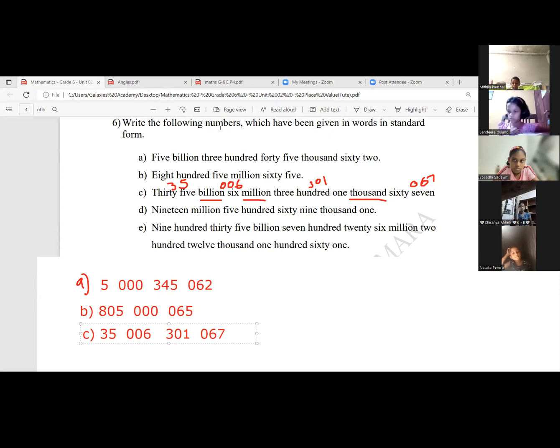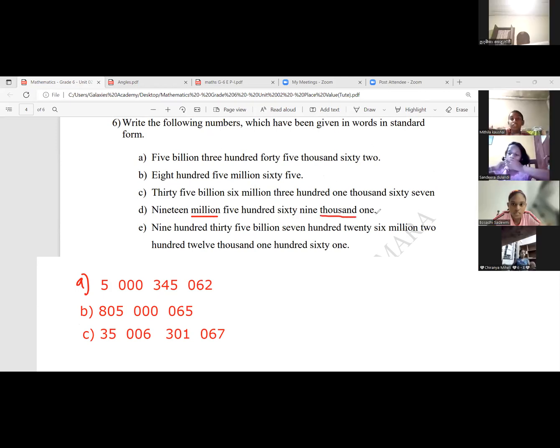Right, then we can go to part D. Look at 19 million, million period given. Also after the million period should be the 1000 period, it is given. After the 1000 period should be the unit period, unit period given.